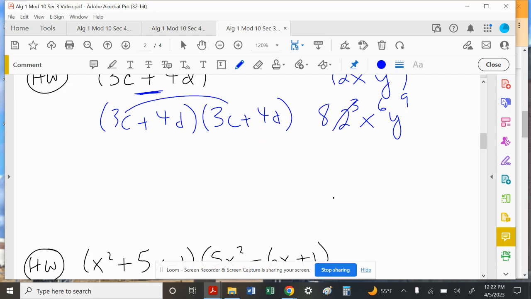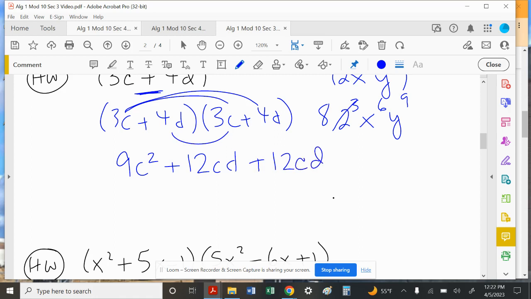So 3c times 3c is 9c squared. 3c times 4d is 12cd, right? 3 times 4 is 12, and then c times d is just cd. And then on this bottom one, we have 4d times 3c. That's also 12. And I'm going to write it as cd. You could write it as dc. It still would be like terms with this.